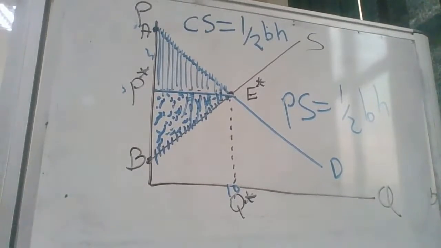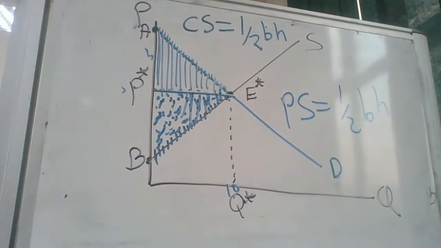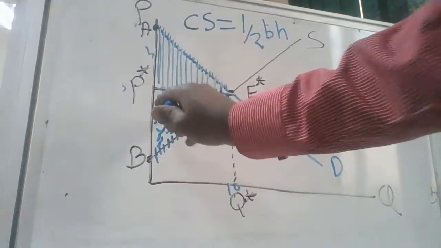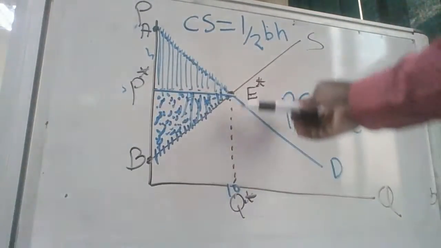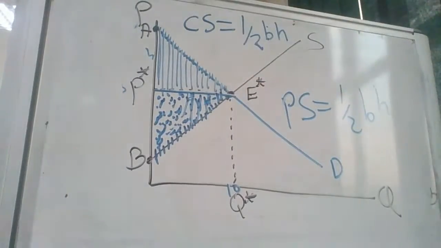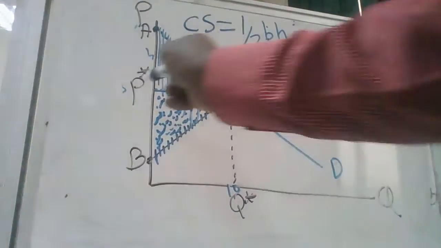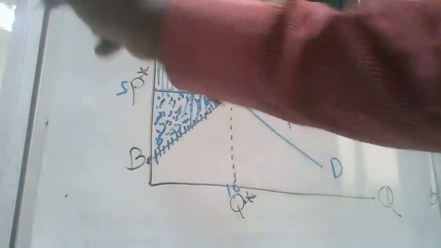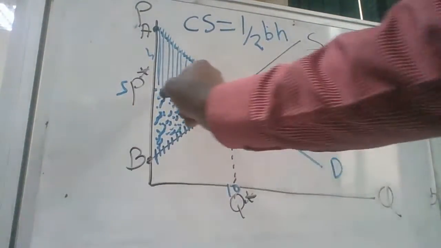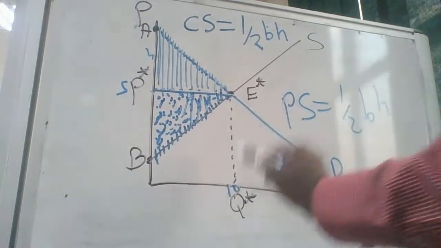In this case, we conclude that producer surplus is the difference between what producers are willing to accept to release a commodity on the market and what they actually receive from the market, which is P star in this case. And if we maintain our assumption that the price is 5, quantity is 10, it means our base, we can pick this part, will be 10.